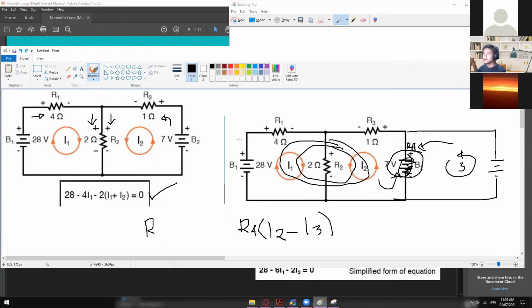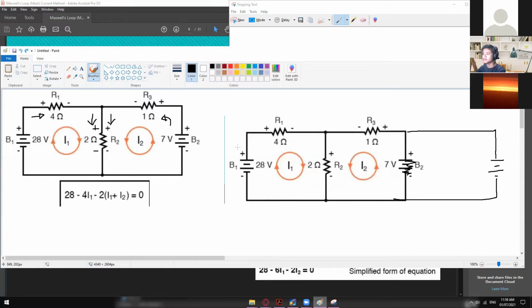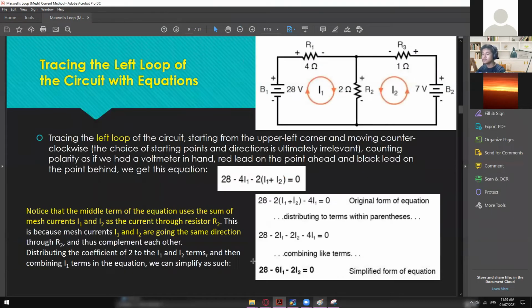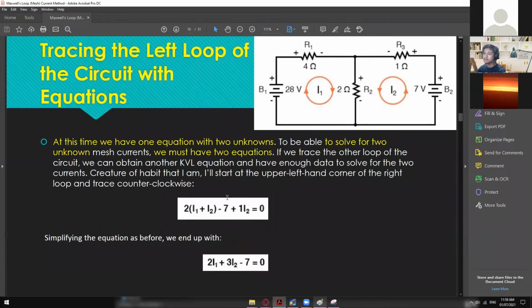All right, so going back, you will get this one as your equation number one for the I1. The same process applies to the I2 right here. Let's start here first.